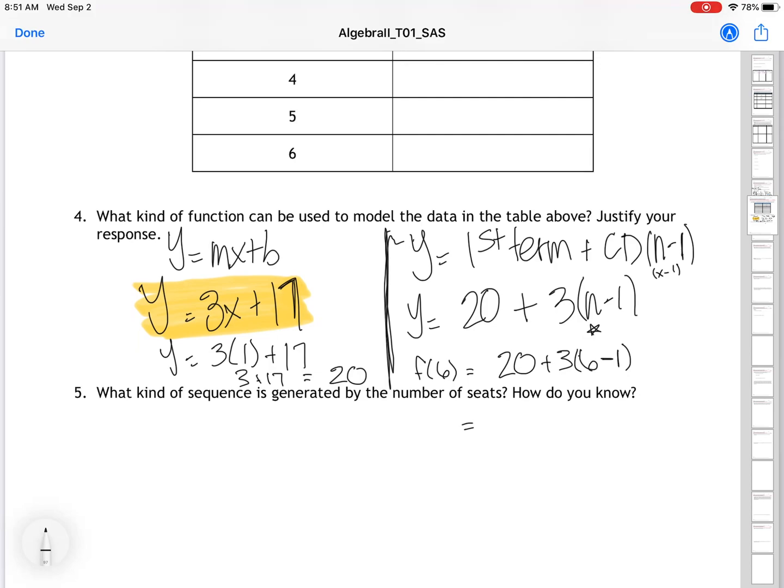So first, I'm saying f of 6 equals 20 plus 3 times 6 minus 1 is 5, okay? So now we simplify. 20 plus 15 equals 35. And in number 3, we wrote row number 6 has 35 seats. Okay? So that's exactly what that means.